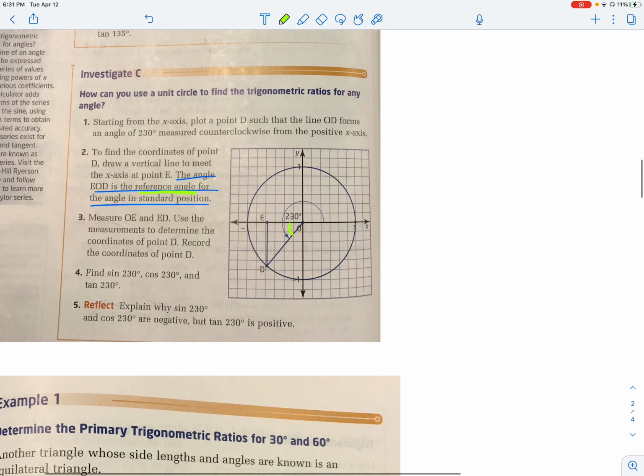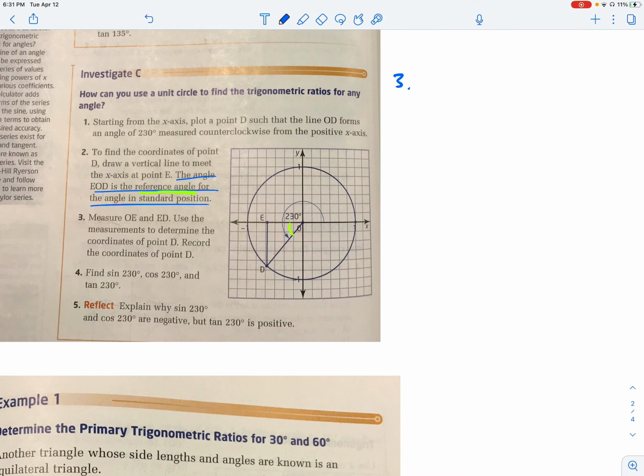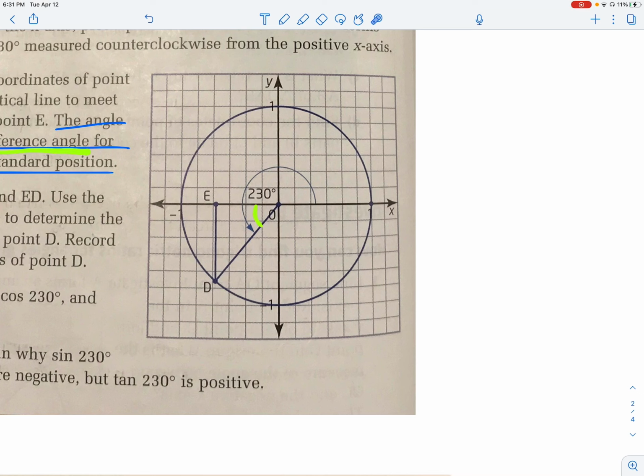Okay, part three, measure OE and ED. Use the measurements to determine the coordinates of point D. So let's do this right here, step three. If I measure these, I can see 1, 2, 3, 4, 4.5, almost 5 points on the grid.